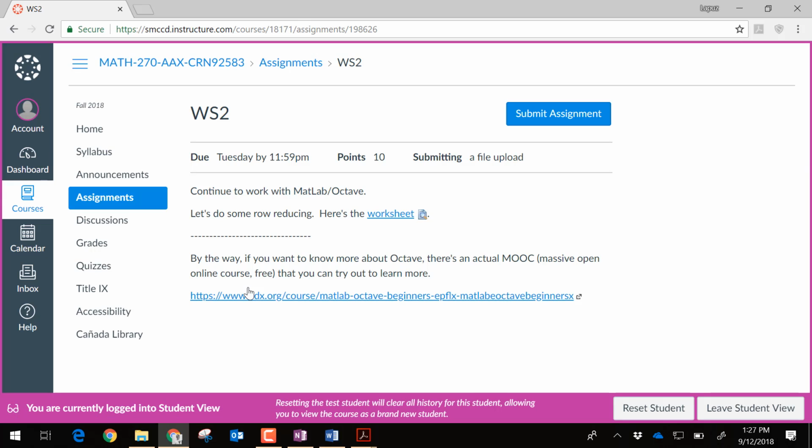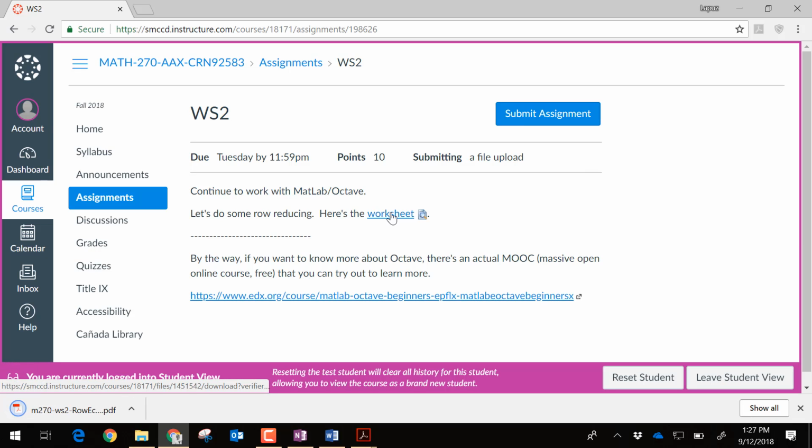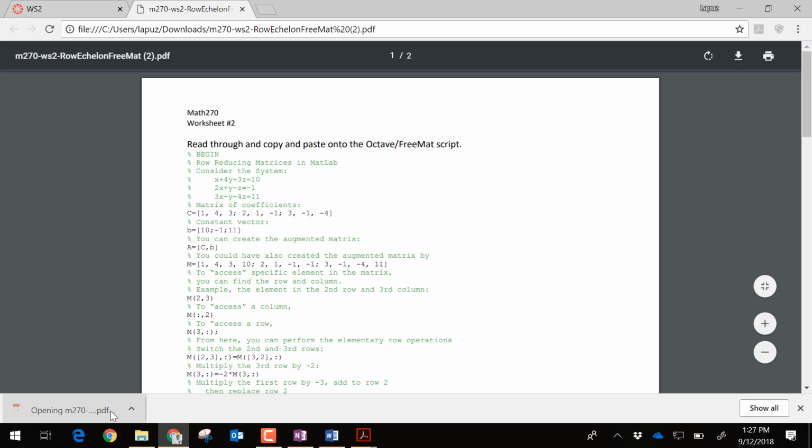It'll be due after the test, but the second worksheet uses more of MATLAB or Octave, and it actually does the row reducing business. And so what I'm trying to do is give you examples of commands to row reduce something.